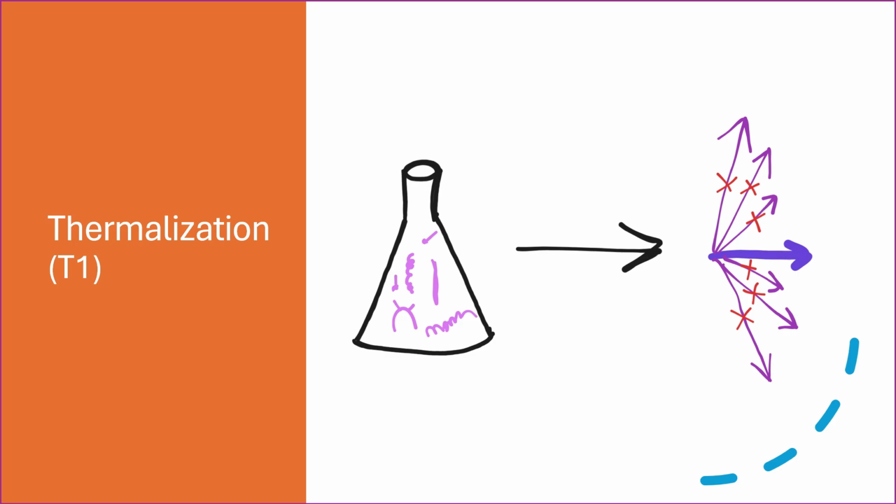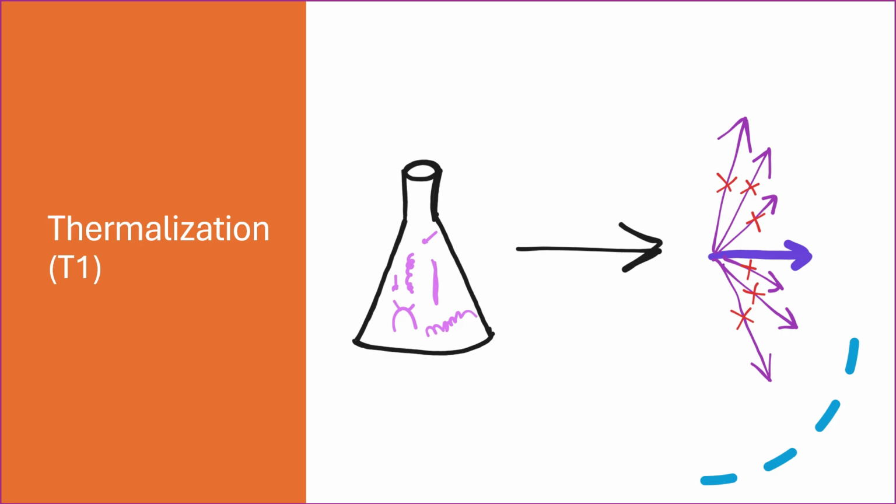Now, why do these net magnetization vectors even relax in the first place? Why don't they just stay up there? That's because they go through relaxation, which is actually caused by two different processes that are not correlated but happen at the same time. The first one is thermalization, also called T1. Due to the chemical environment inside the sample and thermal fluctuations, this net magnetization vector will start to lose some of its energy.